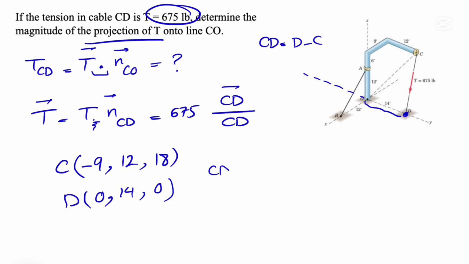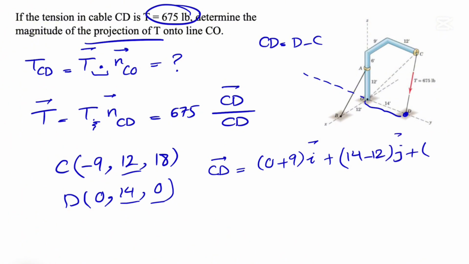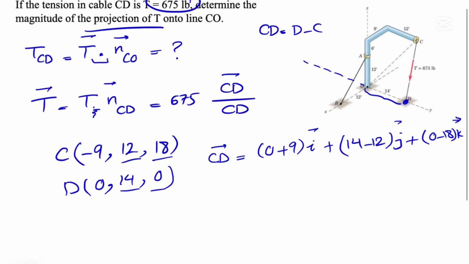And as I mentioned, if we want to find CD, we basically have each component of D minus C. So for the x component, or for I, we have 0 minus minus 9, which will be plus 9. That's our I. For Y, we have 14 minus 12. That would be our J, and our Z would be 0 minus 18. That would be our Z component.